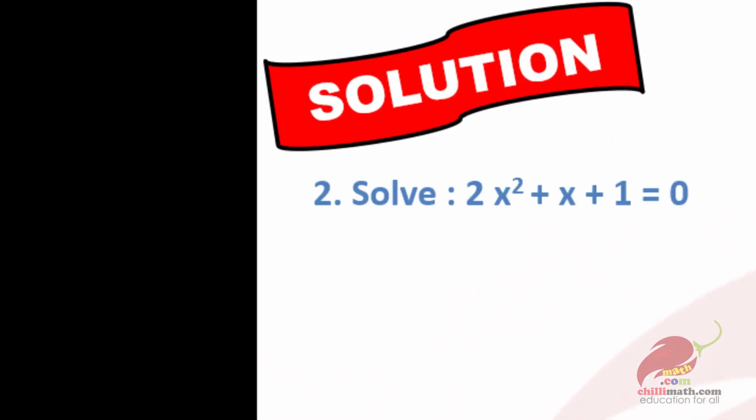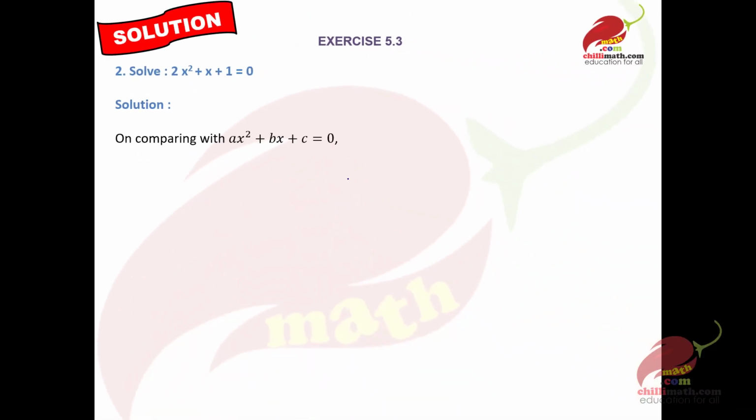Second question we have, solve 2x square plus x plus 1 equal to 0. On comparing with standard quadratic equation, we get a is equal to 2, b is equal to 1 and c is equal to 1.